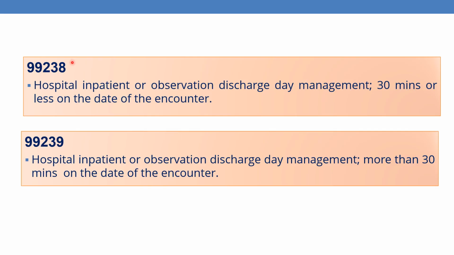Coming to the CPT descriptions, 99238: hospital inpatient or observation discharge day management, 30 minutes or less on the date of encounter. And you need to report 99239 for hospital inpatient or observation discharge day management, more than 30 minutes on the date of encounter.